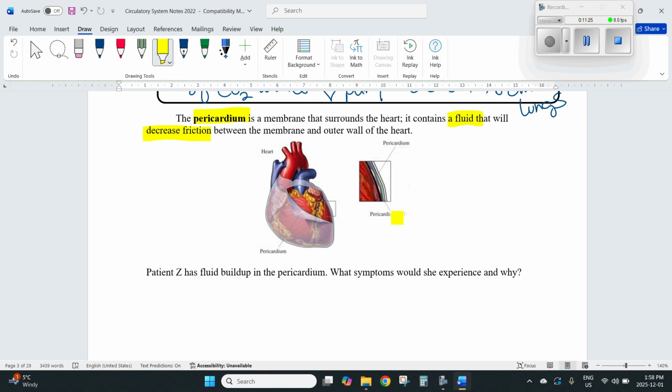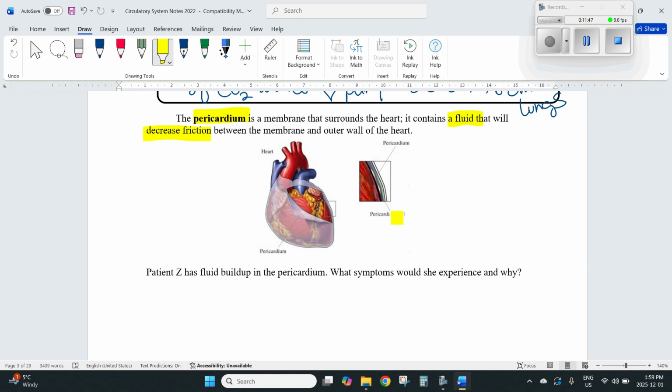So this is actually a protective layer for the heart itself. So it's very similar to what the pleural membrane was doing for the lungs, but the heart itself can pump by itself. It doesn't need this membrane to help it. So it's just a protective layer rather than aiding in the movement of the heart.